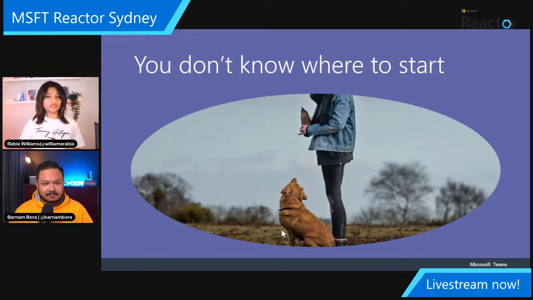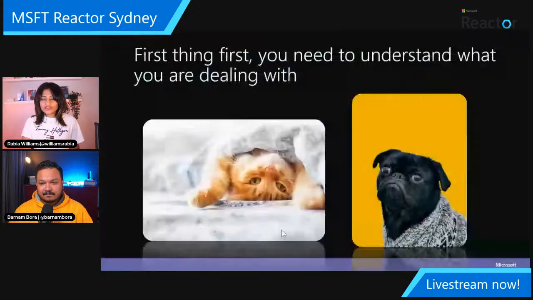I've never had a border collie before. I've probably had much simpler breeds, but not a dog that has so much personality and energy. So I needed to understand what he is. Similarly, we need to understand what capabilities we can build around a Teams app as a developer. So that is what you will be doing.